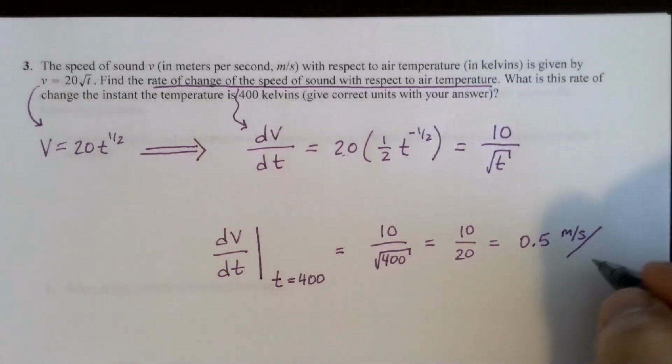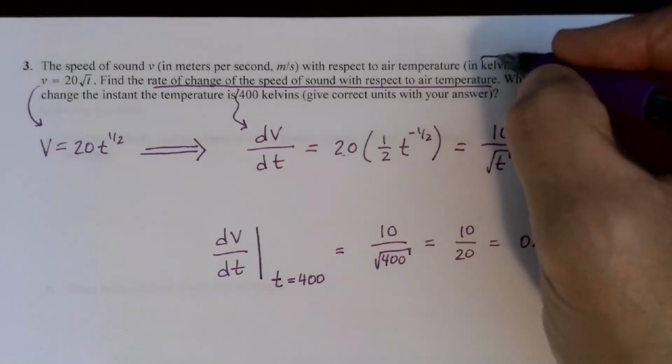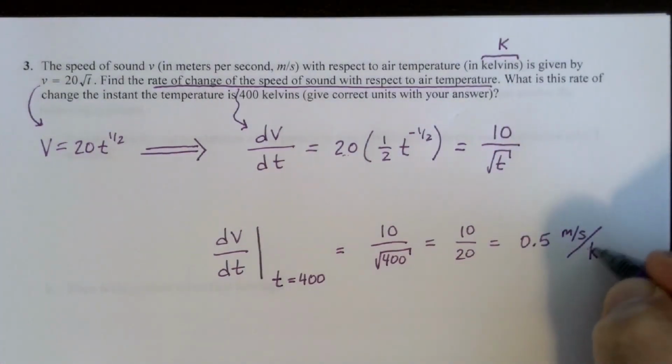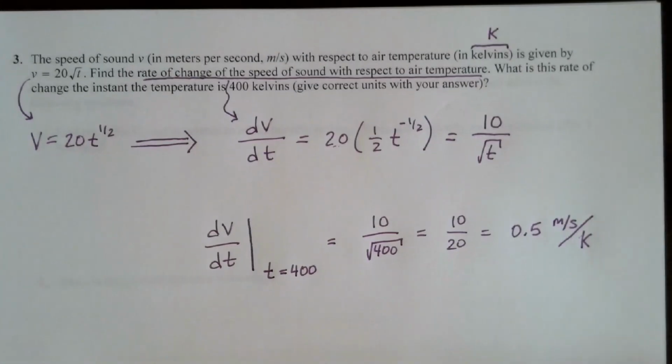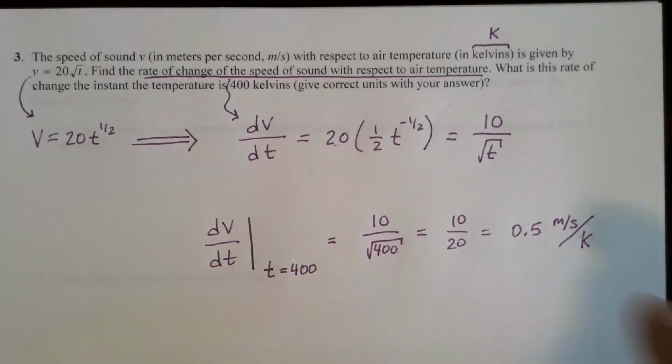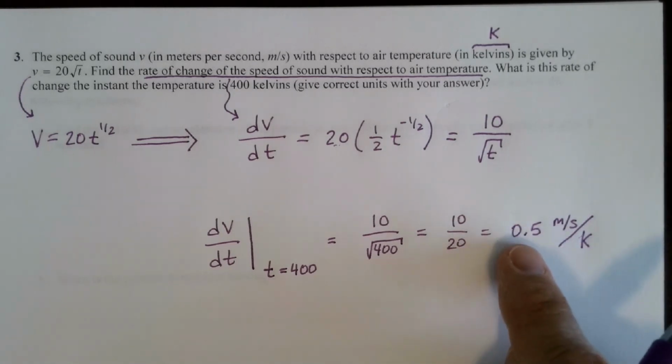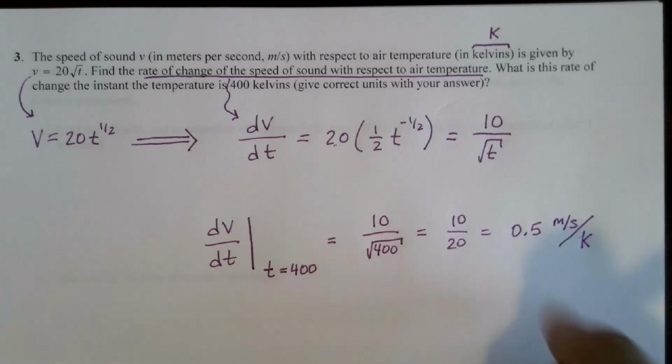Kelvins. So we'll abbreviate kelvins with a K. And there is your derivative. So what this is saying is basically for every 1 kelvin increase in temperature, the speed of sound is going to increase by 1/2 a meter per second.